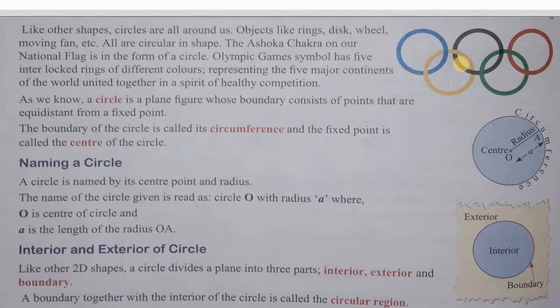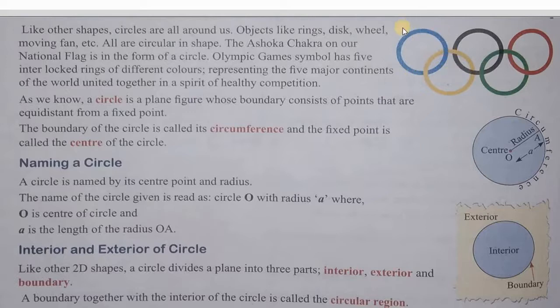As we know, a circle is a plane figure, a 2D figure whose boundary consists of points that are equidistant from a fixed point. Like you can take the circle from the symbol over here.